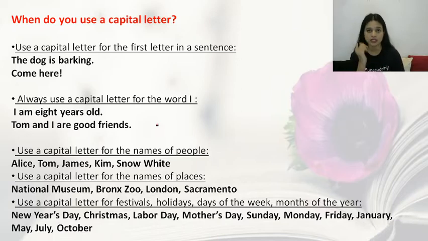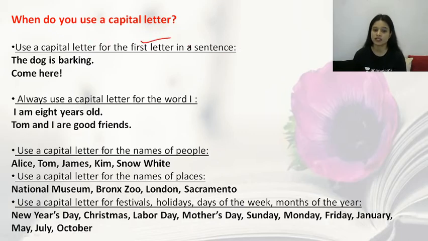Why? Because this is the first word coming after a full stop. You understand my point? So you have to use a capital letter for the first letter of a sentence. The dog is barking. Full stop. Next sentence, come here. Easy?